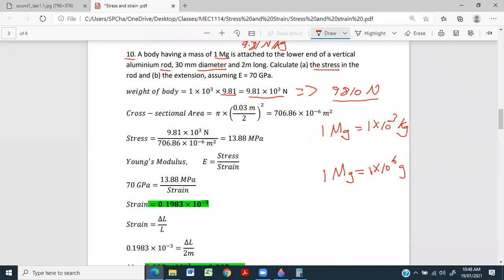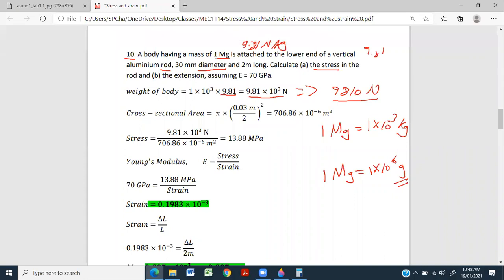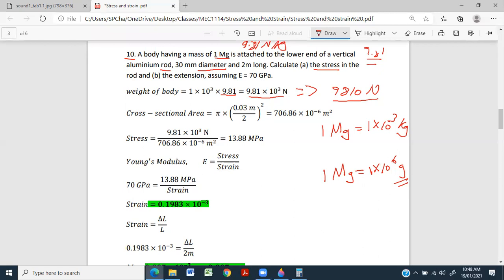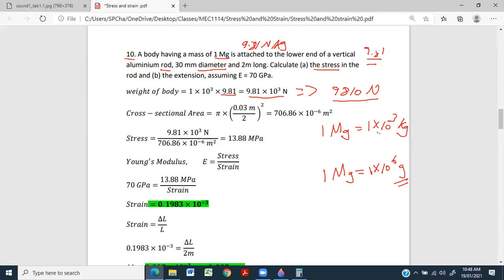But for the gravitational constant, 9.81, remember as engineers, we did the experiment and found that 1 kilogram exerts 9.81 newtons of force. 1 kilogram, not 1 gram. So this gravitational constant is newtons per kilogram. That's why we use 10 to the 3 instead of 10 to the 6. Good, go back to the base units.